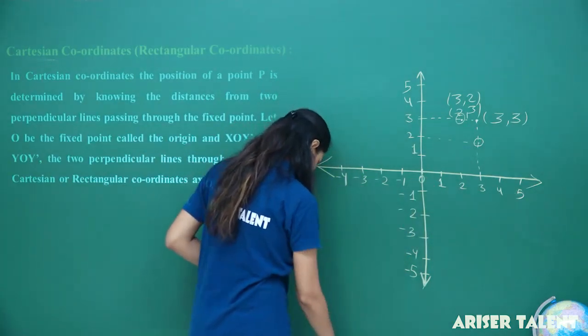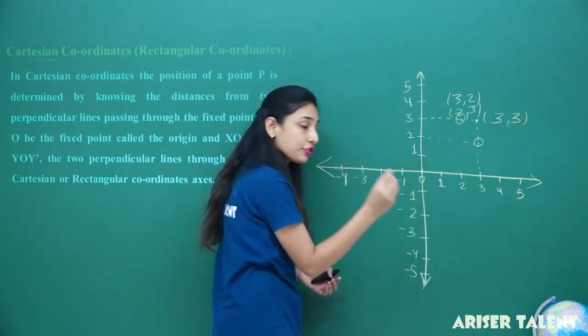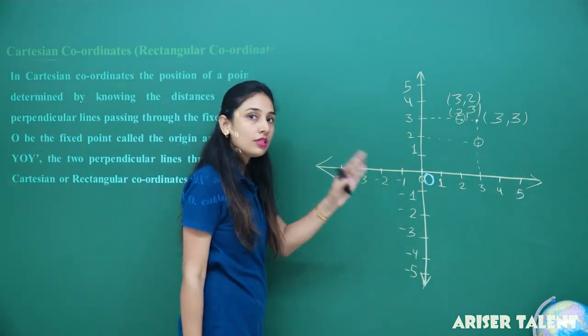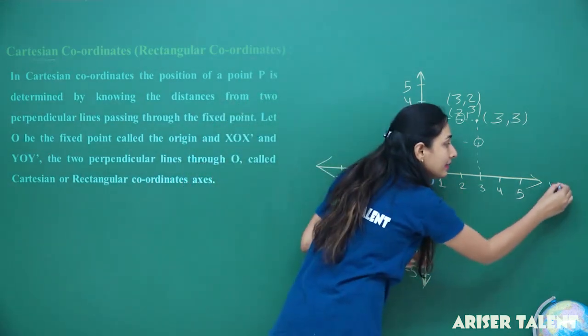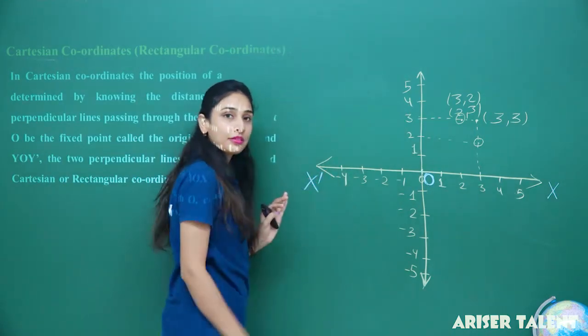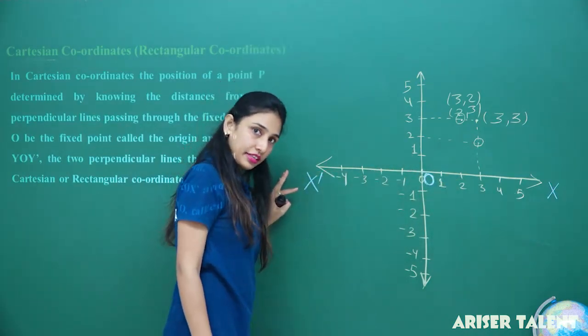Now this point, this intersection, is O. This is X and we call the other end X dash. So this line is X, O, X dash.